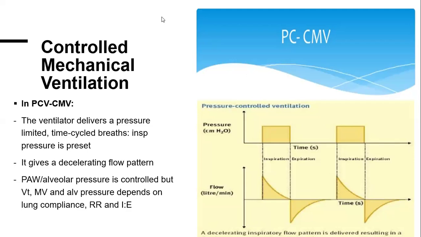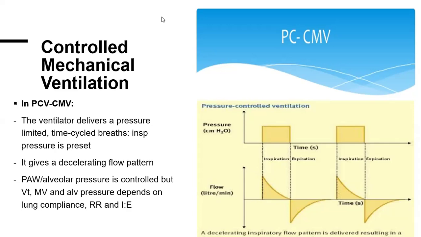Please, how do we determine percentage minute ventilation? You calculate the minute ventilation of your patient, which is your tidal volume times respiratory rate. I mentioned it during the adaptive support ventilation. Maybe the patient is able to generate only 40% of the minute volume.